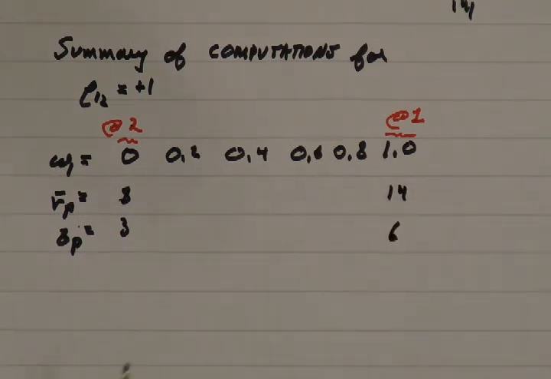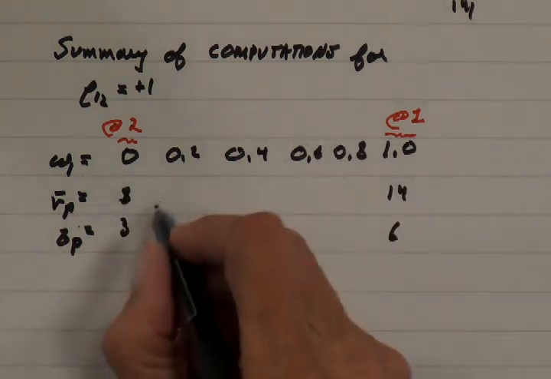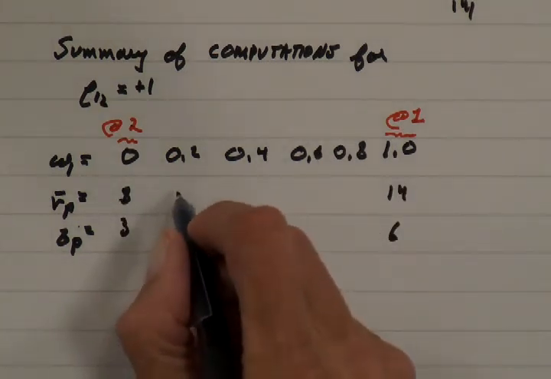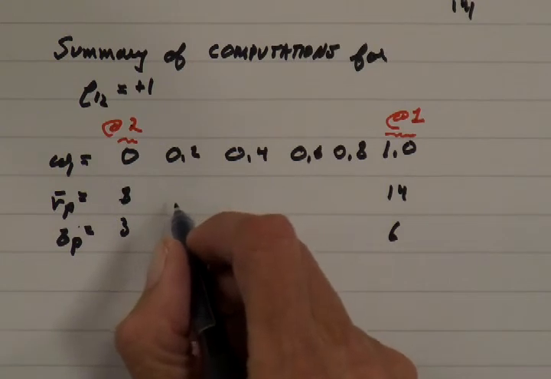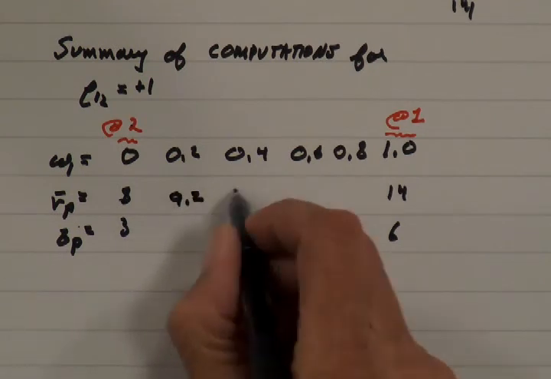Okay, let me look at our other numbers here. The numbers I'm getting are the following. The rate of return is linear in W1. So it goes 9.2, 10.4.